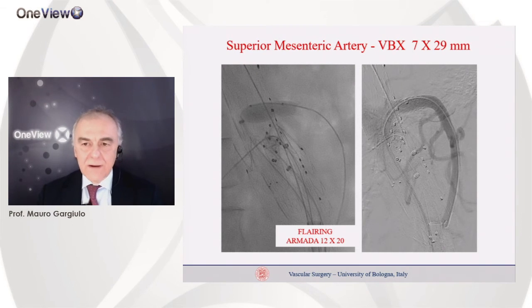We did the same procedure even in the superior mesenteric artery, where we used the VBX 7 to 29, and you can see the final angio.